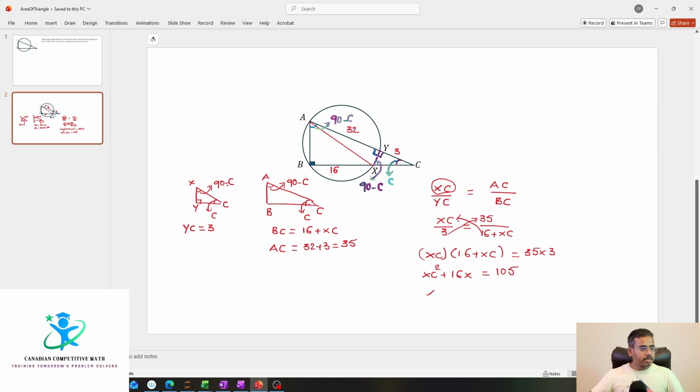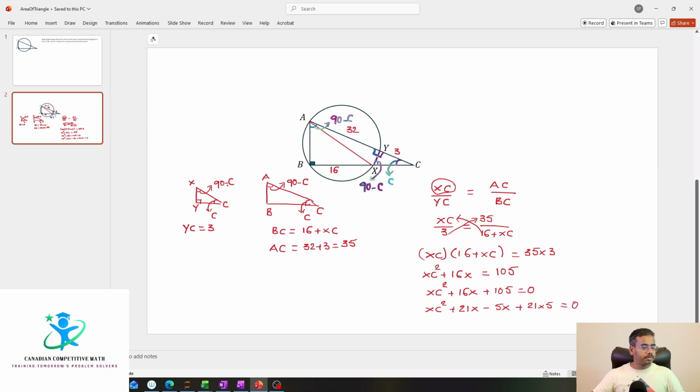So XC square plus 16x minus 105 equal to 0. If I solve this, XC square plus 21x minus 5x minus 21 times 5 equal to 0.